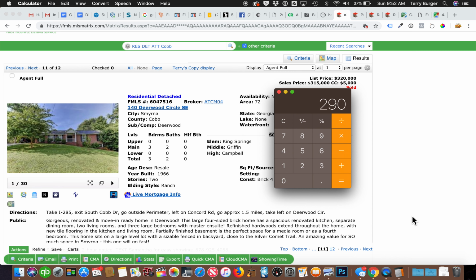We said the property was $290, and then we multiply it times 0.7. Then we subtract our repairs of $50,000, and that gives us, oops, what did I do there? One more time. 290 times 0.7 minus 50,000. 153. All right.